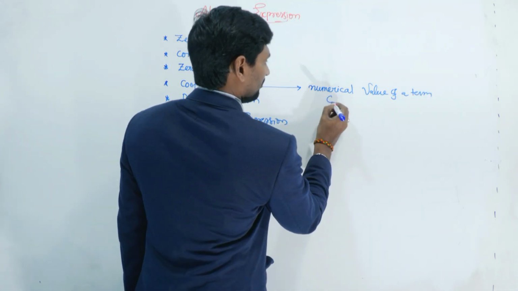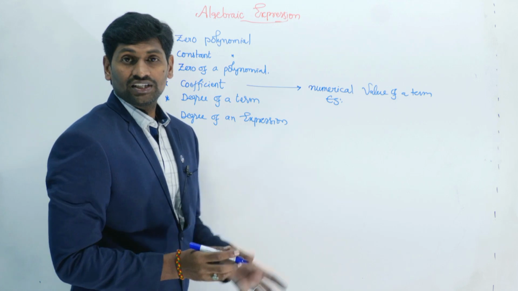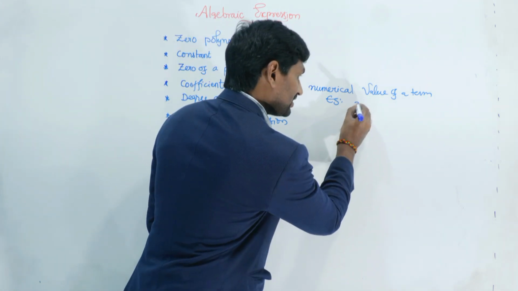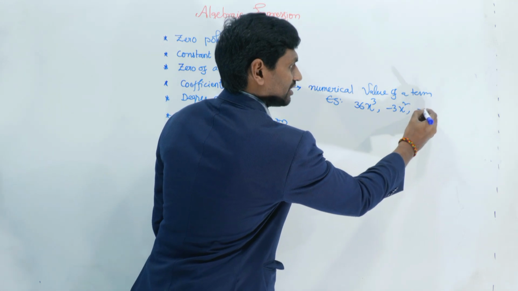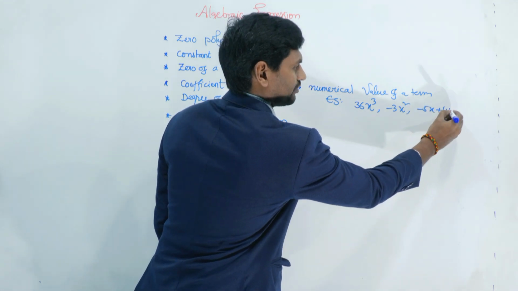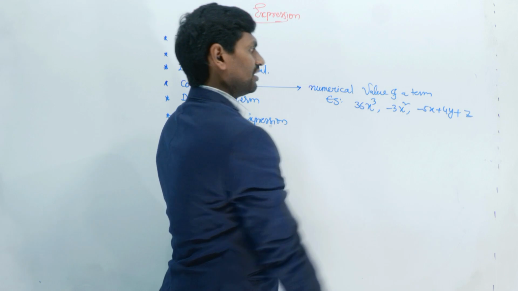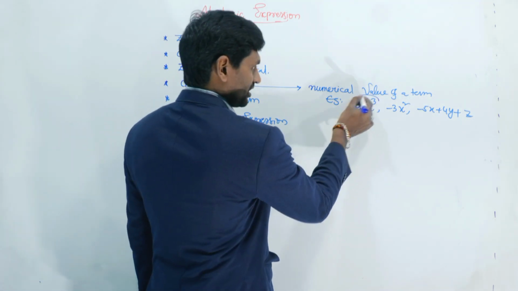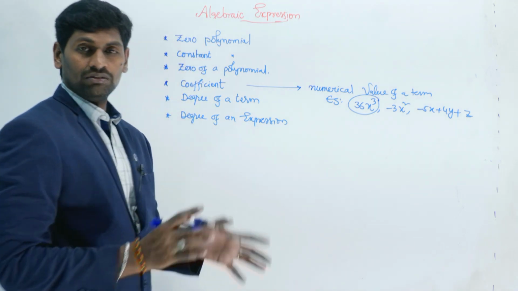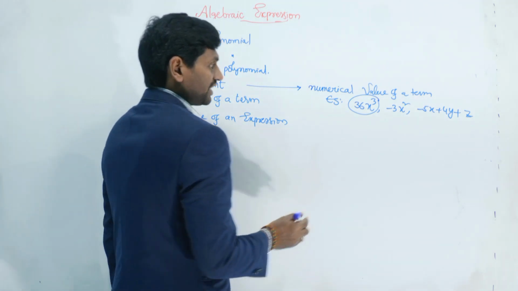For example, I have taken 36x cube, minus 3x square minus 5x, and 4y plus z. Like 3 different types of expressions. In the first expression, nothing but a term. What is the coefficient?